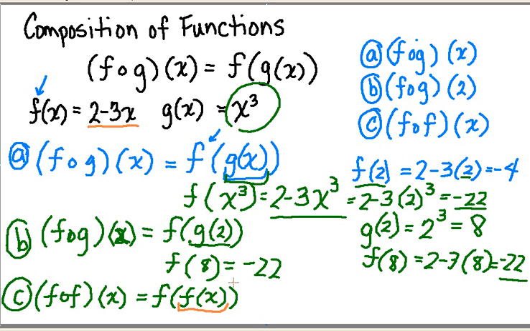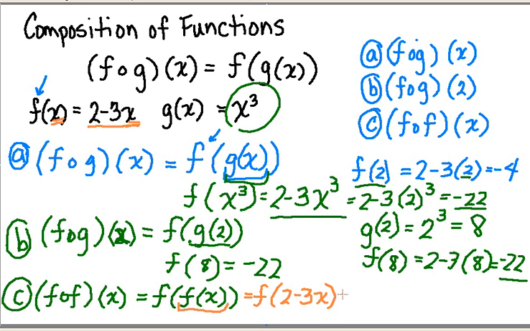It's 2 minus 3x. So now I have f of 2 minus 3x. All I did was substitute this in for f of x. And now what this tells me to do is go to my f function, wherever I have an x, I'm going to plug in 2 minus 3x.